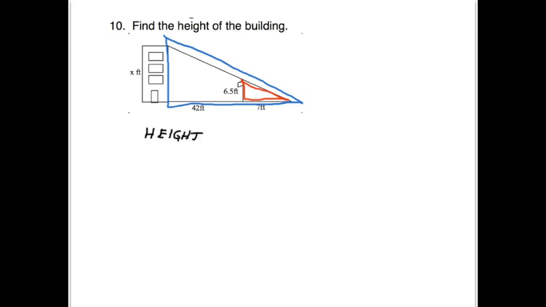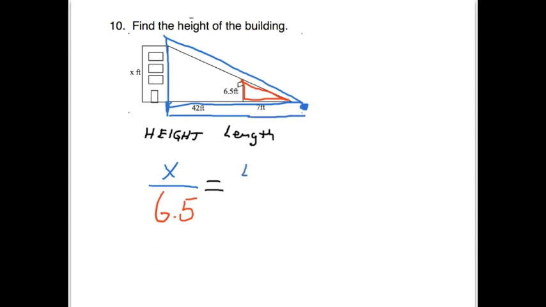So the height of the building is unknown. That's x. The height of the flagpole is known. That's 6.5 feet. So let's set that ratio equal to ratios in length. The length from this viewing spot, right here, to the base of the flagpole is 42 plus 7 feet.